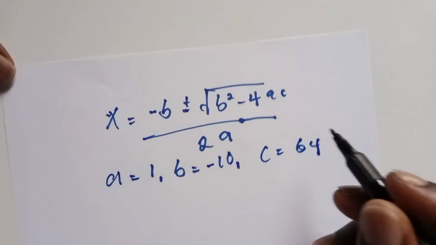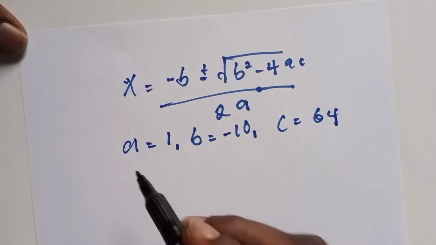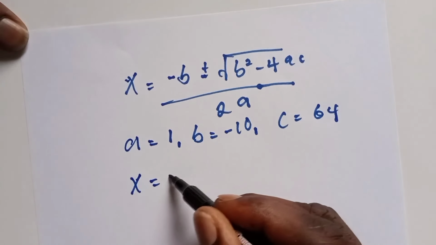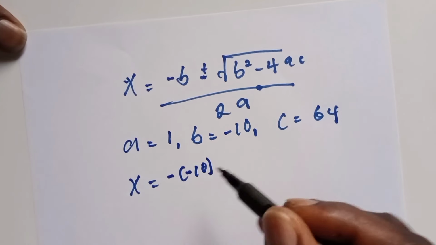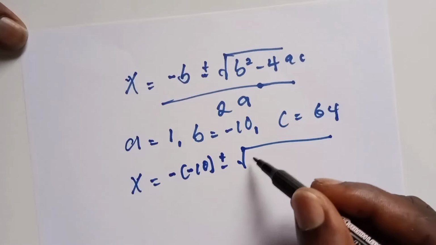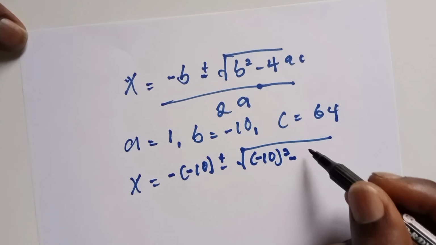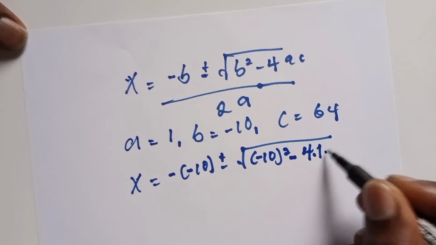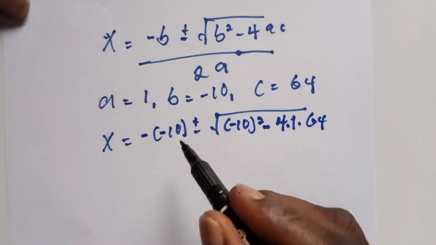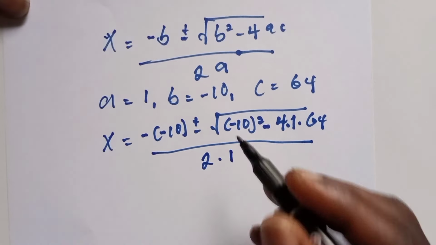Alright, so if we substitute this into the equation, we have that x will be equal to minus b, which is minus minus 10, plus or minus root b squared, which will be minus 10 squared, minus 4 times a, which is 1, times c, which is 64, then all divided by 2a, which is 2 times 1.